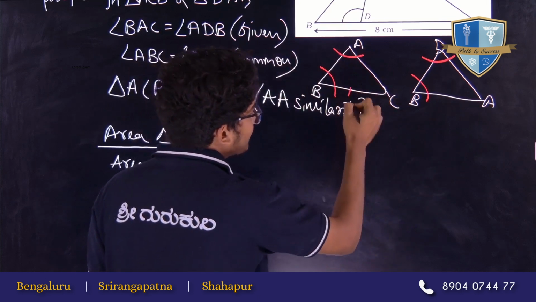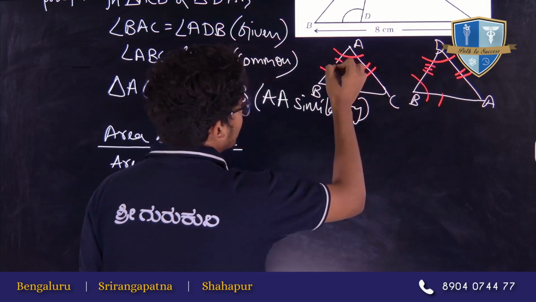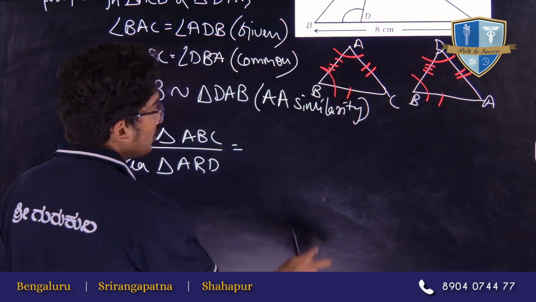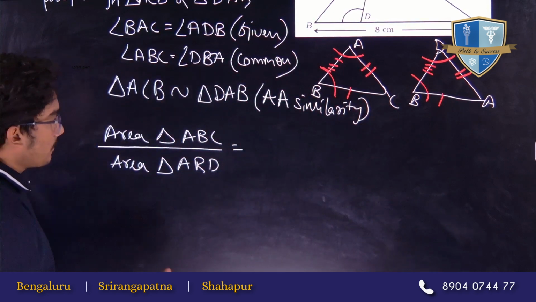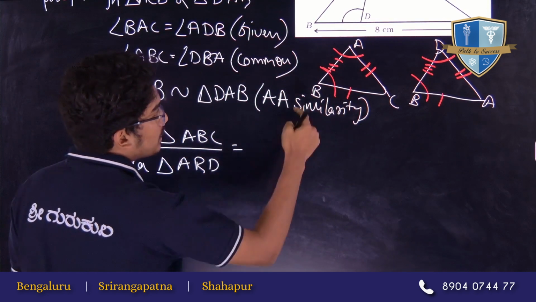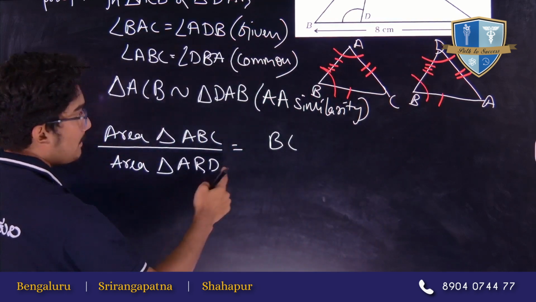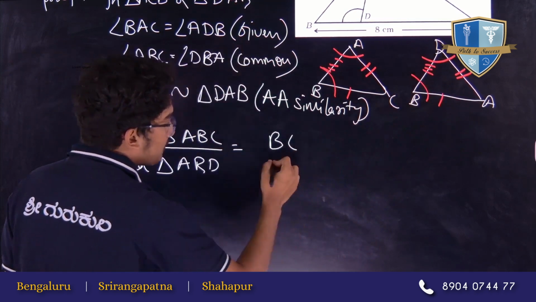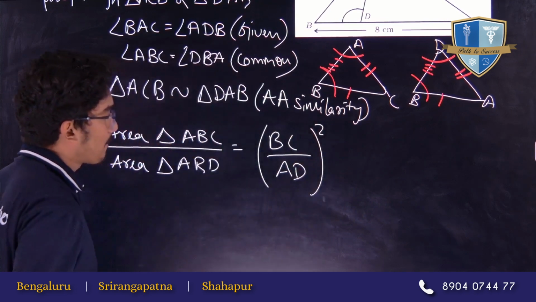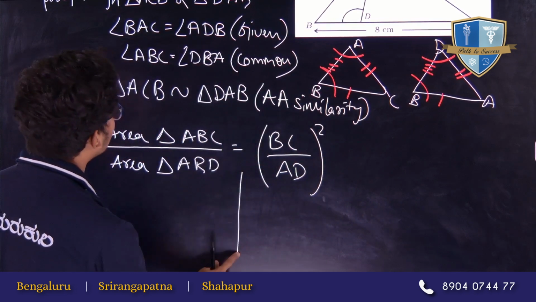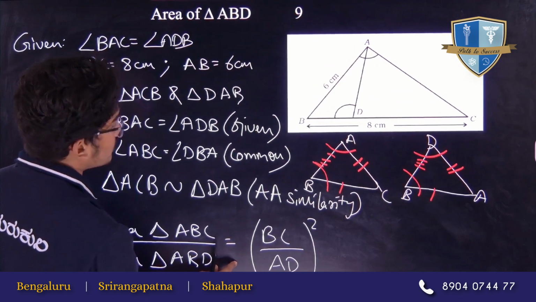In this triangle, these are corresponding sides, and these are corresponding sides, correct? So BC and AB are corresponding sides. So this will be equal to, in triangle ABC it is BC, and in triangle ABD it is AB. So this will be equal to the square of the ratio of these two sides, and these two sides are actually given in the question.